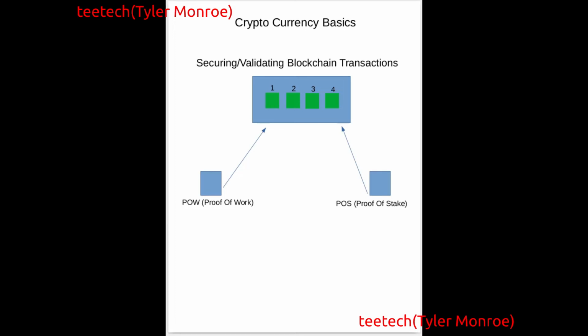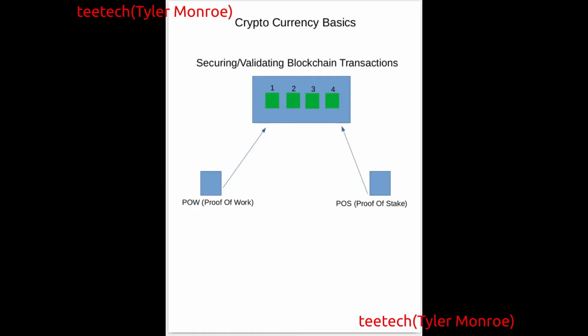And then if you calculate the value correctly in a proof of work blockchain and you submit it back, that proves that that transaction matches up with the value it's supposed to, and that means that block of transactions is legitimate. So it is more complex than that, because different coins have different algorithms that they use.